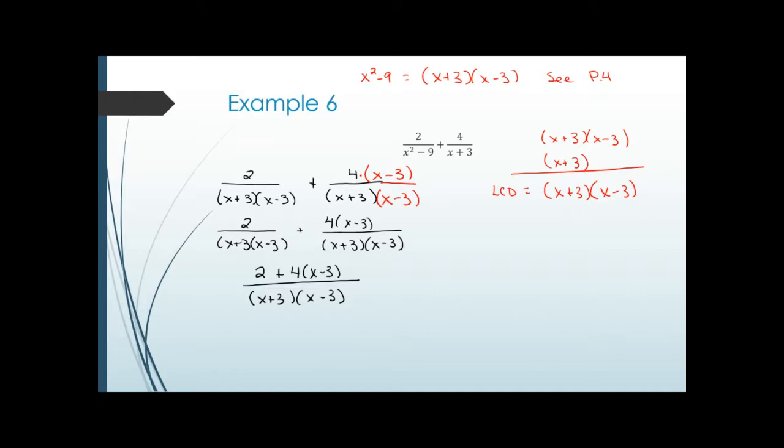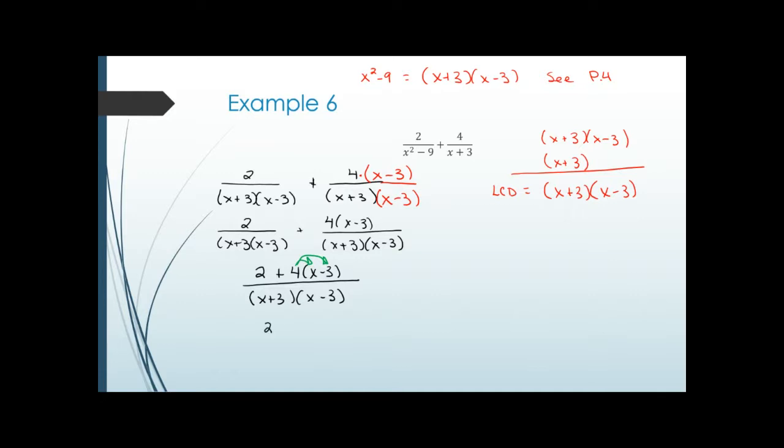Now that I have 2 plus 4 times x minus 3, I need to simplify the top. I need to distribute my 4 through the parentheses. So I have to do 4 times x and then 4 times -3.